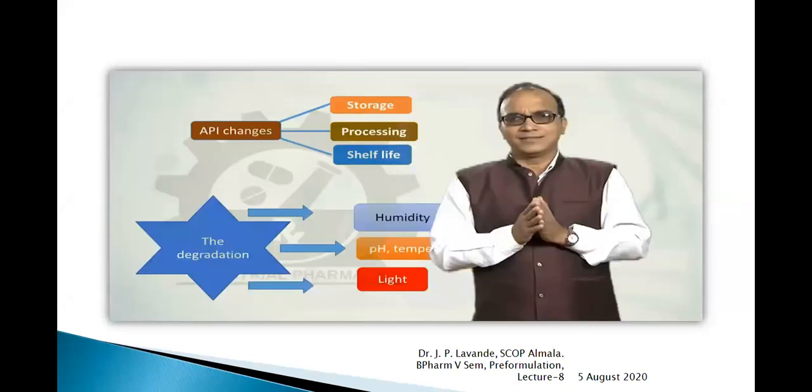For all these reasons, during the process of pre-formulation, there is a need to study the chemical properties and the chemical reactions. We know that the API, the active pharmaceutical ingredient, changes as it undergoes storage, processing, and during its shelf life it undergoes degradation. This degradation could be because of humidity, pH, temperature, and light.